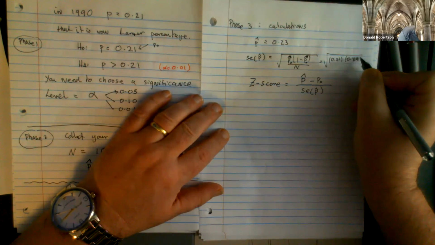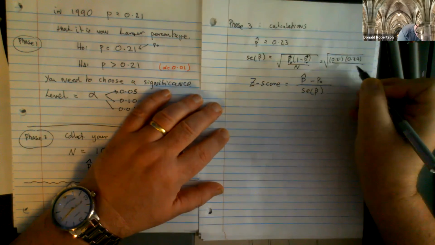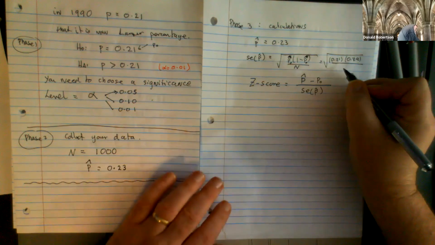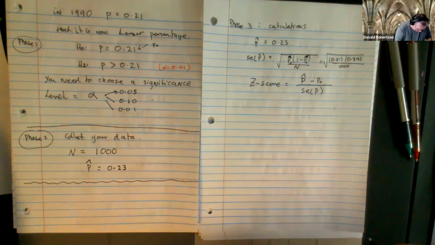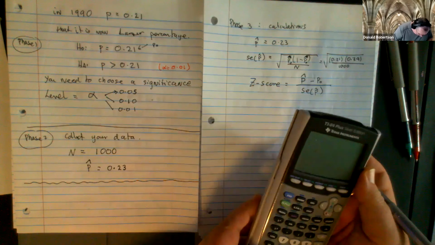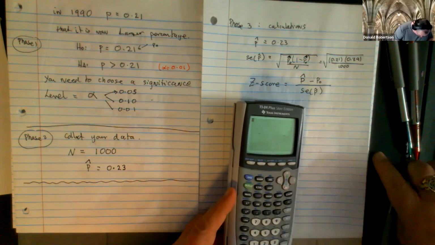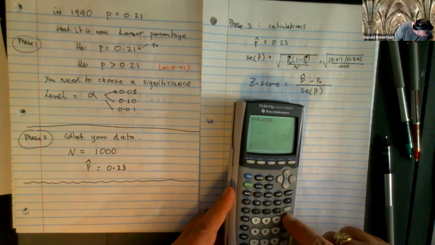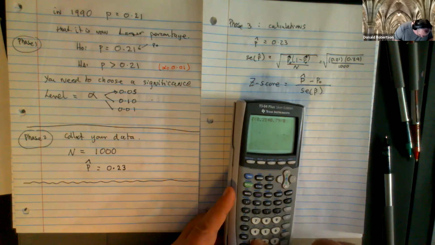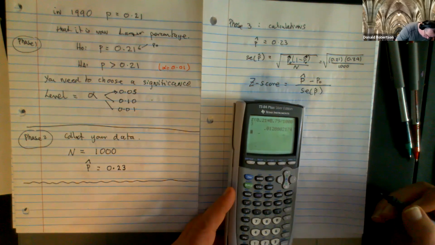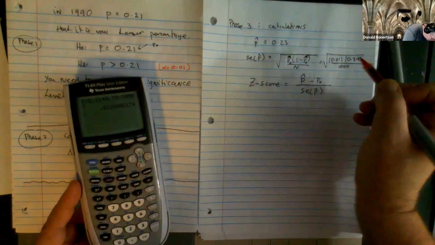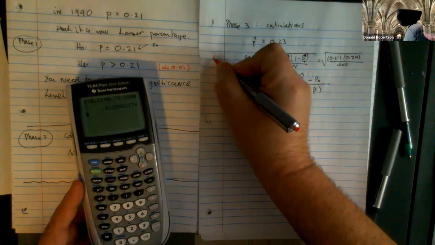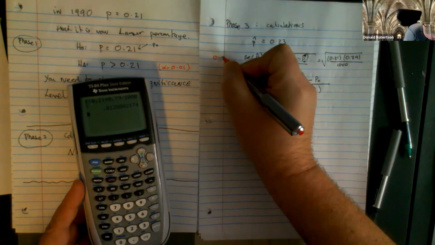And you divide the whole thing by a sample size of 1,000. Square root of 0.21 times 0.79 divided by 1,000, and you get 0.013. Since I don't have room here, I'll squeeze it in over here. 0.013.